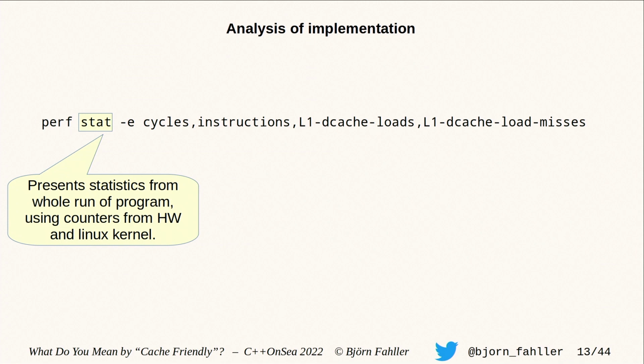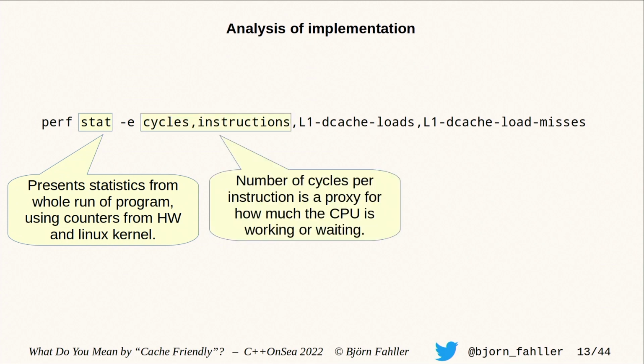There exist hardware counters for memory accesses, cache misses, cache hits, and things from the operating system, like context switches and such. And you can choose which of all these counters you want to have a look at.